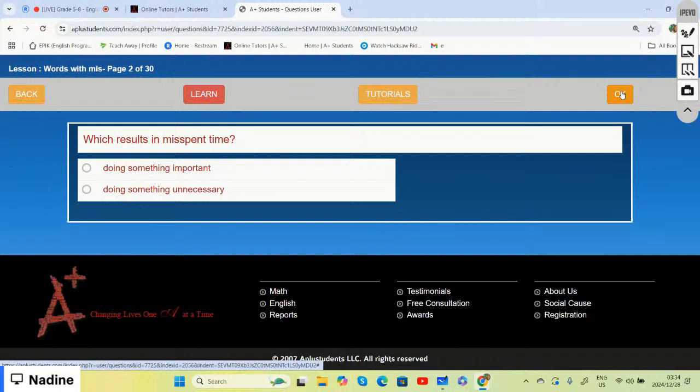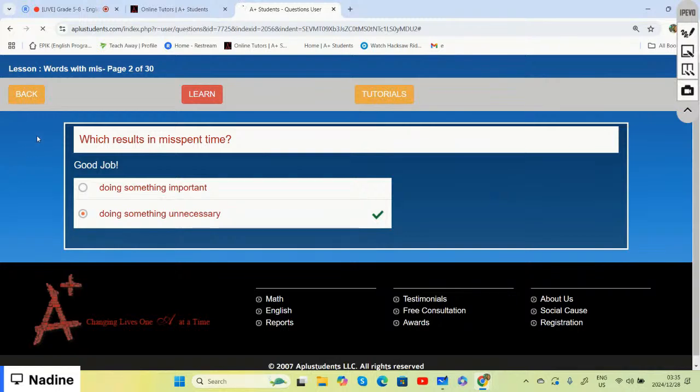What would you say is misspent time? And something that results in misspent time, we can say it is doing something unnecessary.